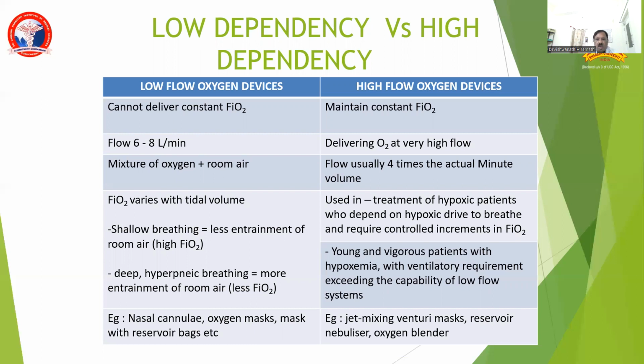Whereas a patient requiring high flow oxygen devices has a ventilatory requirement exceeding the capability of the low flow system. Hence, they will require treatment of a hypoxic patient with increments in FiO2.